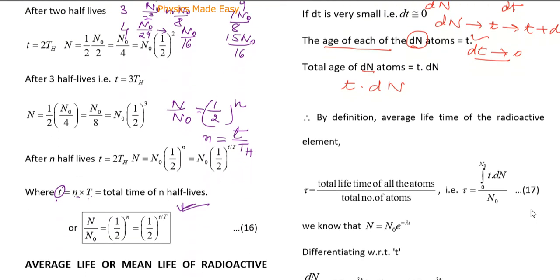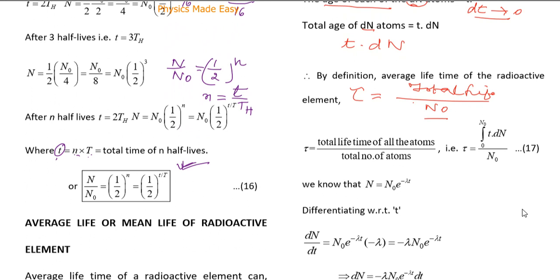Now, tau is total life divided by N naught, where N naught is the total number of atoms at time t equal to 0. Total life will be calculated from this.